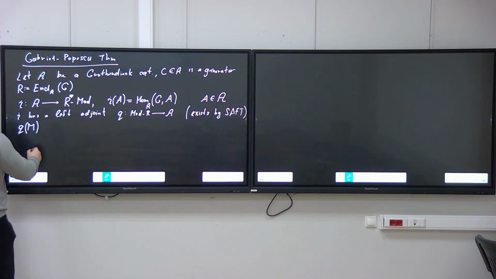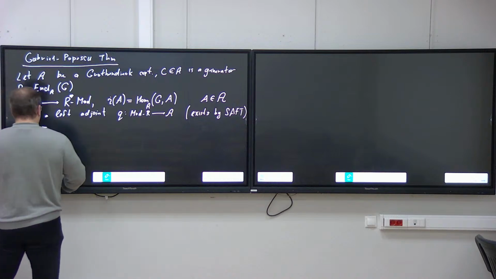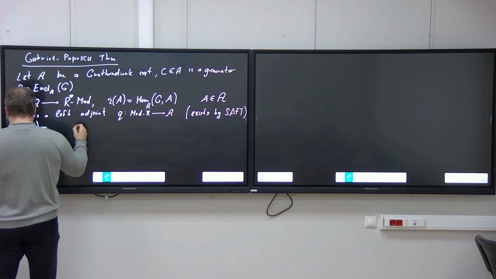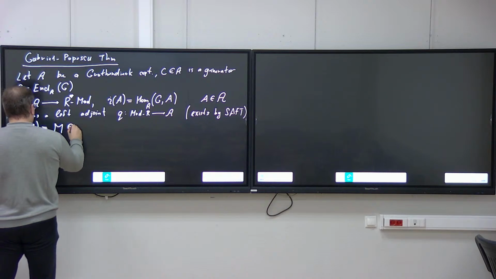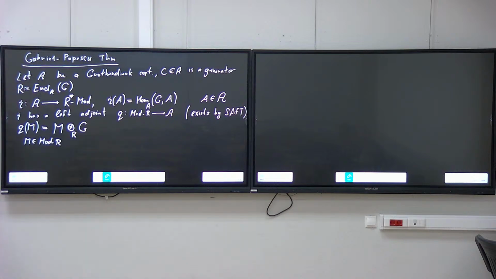So if I want to compute this functor Q on some module M, where M is a right module, then this will be the tensor product of M and the generator over the ring R. To see that this is true, for example, you can check that the adjoint functor on the free module is just several copies of the generator, and then you take any module, choose a free presentation of this module and use this functor.